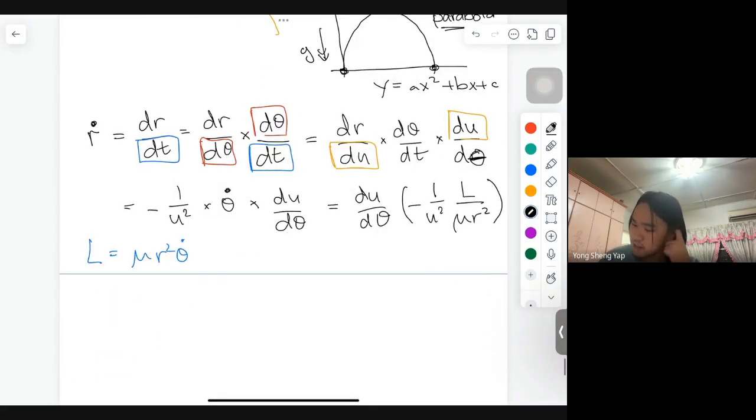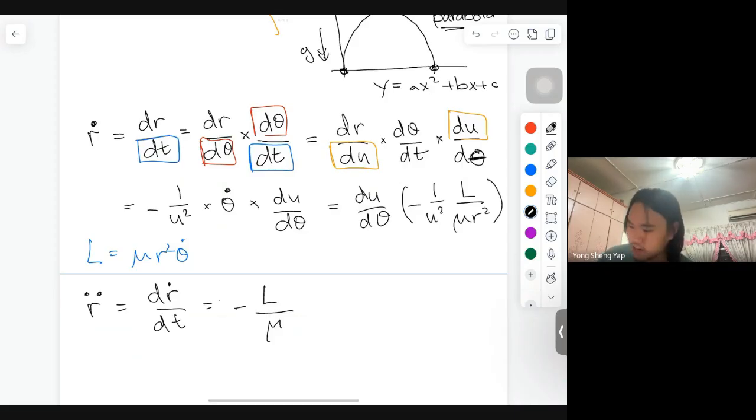This is r dot. We can take the second derivative, r double dot, which equals d(r dot)/dt, and basically this is du... Sorry, we can take out the constants. The constants are negative L divided by mu.